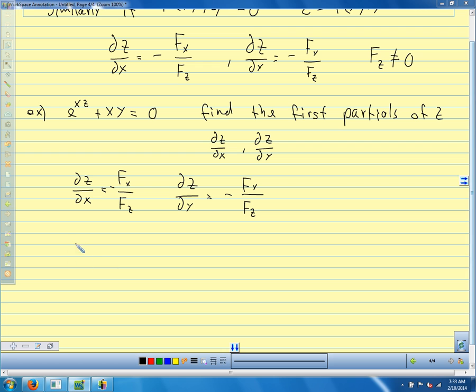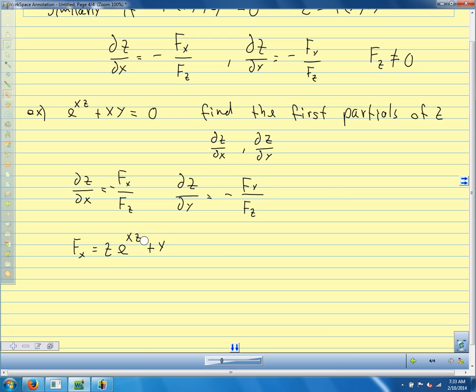So our partial f sub x. This e to the xz plus xy is our capital F. So the partial of this with respect to x is going to be z e to the xz plus y.